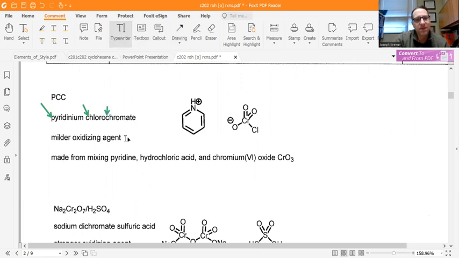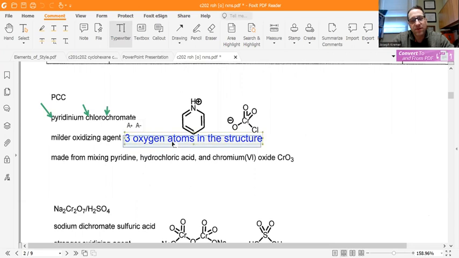Back to business. This is a milder oxidizing reagent because there's only 3 oxygen atoms in the structure. Also, pyridine here, which is a nitrogenous aromatic ring, is hazardous to reproductive systems. So that's also a reason why we don't want to use this reagent anywhere near a 200 level laboratory.